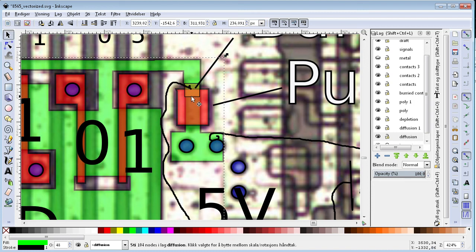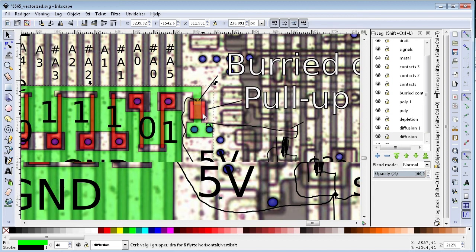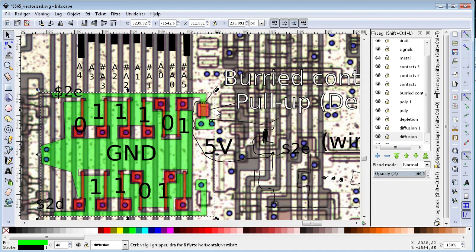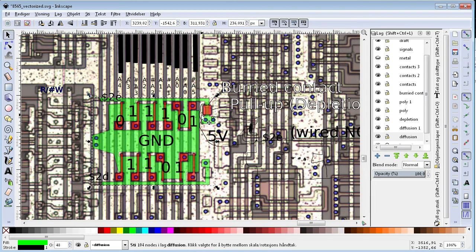So what's the point in that? Well, the story is a bit long, but NMOS can only pull down. Well, it can pull up, but you can only pull up to say 4 volts if you have 5 volts, because the gate-source needs 1 volt to turn on. So therefore you can't pull it all the way up. But this one can do that.